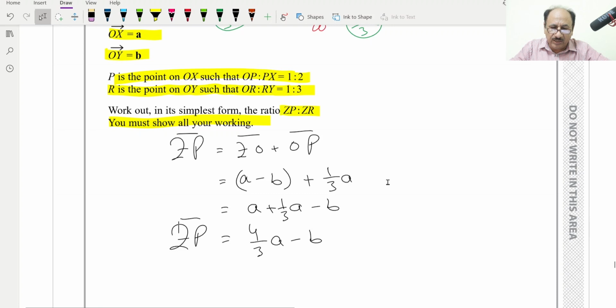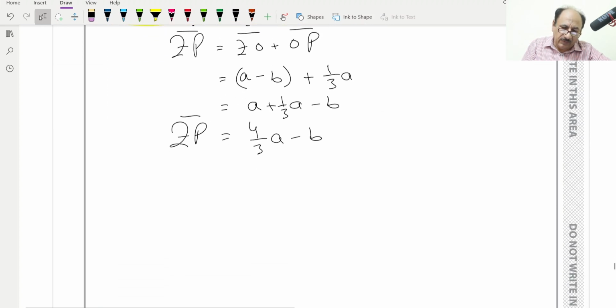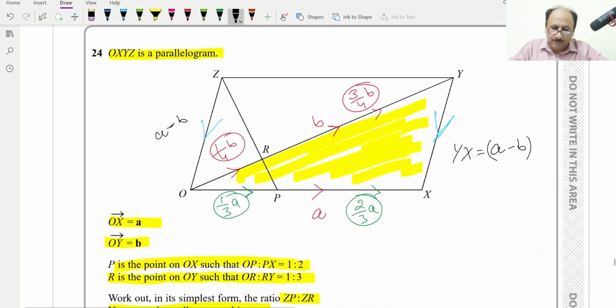Now we can find ZR, and for ZR we will be checking the route.